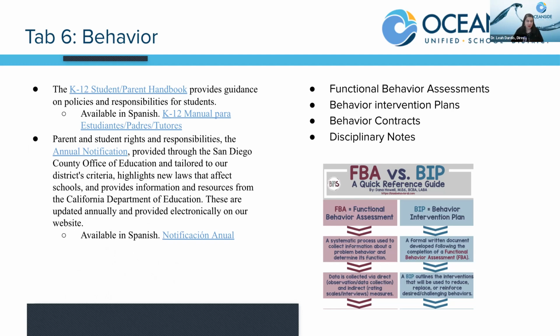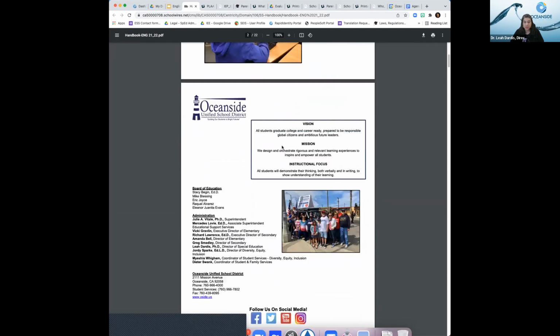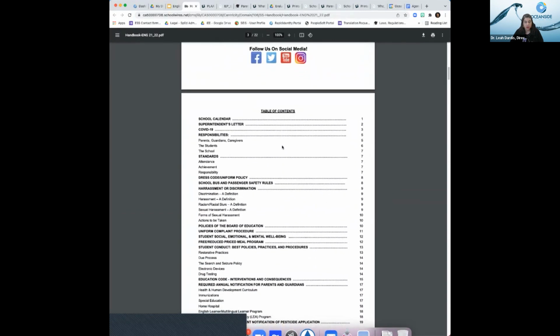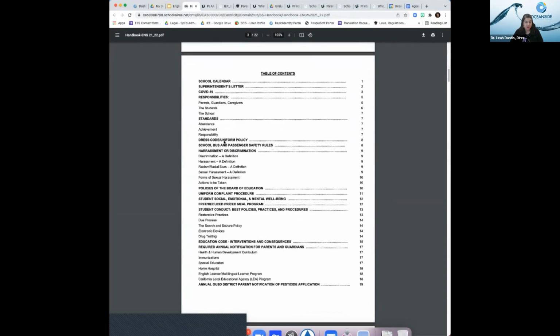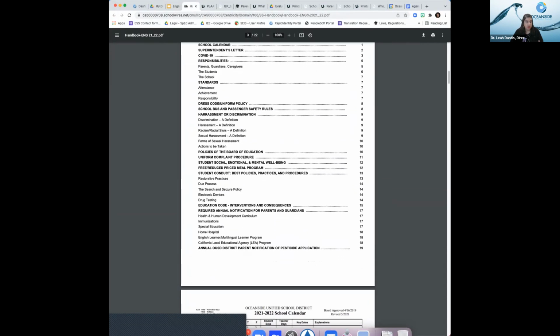So our K through 12 handbook is really governed by education codes. And so it gives you as a parent all of the ideas of what we think are important about our responsibilities, our standards, our dress code, what happens in harassment and discrimination, what happens from our policies, our uniform complaint procedures, and discipline policies here.